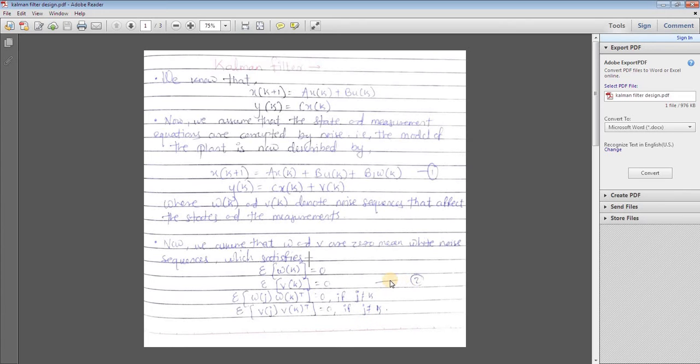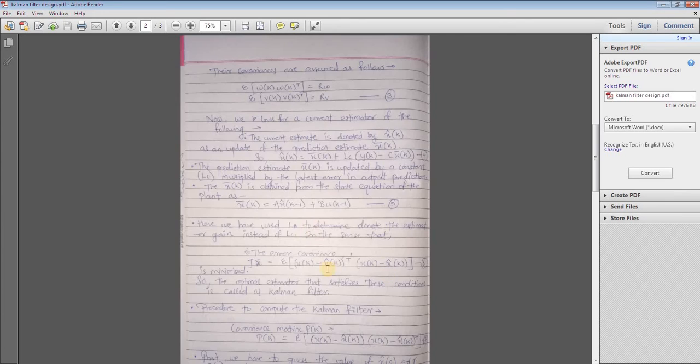This is the second equation. Their covariances can be assumed: the expected value of w k and w k transpose equals R w, and the expected value of v k and v k transpose equals R v. This is equation number 3.